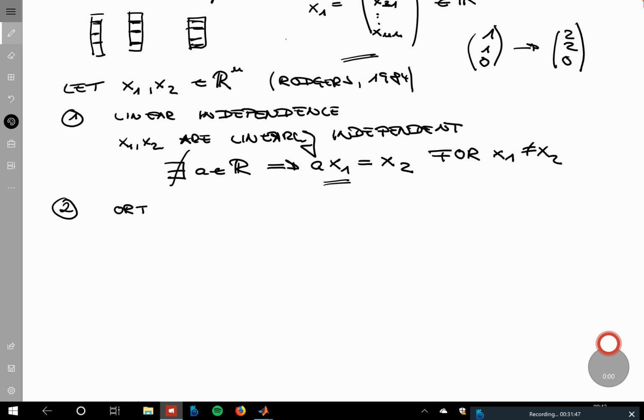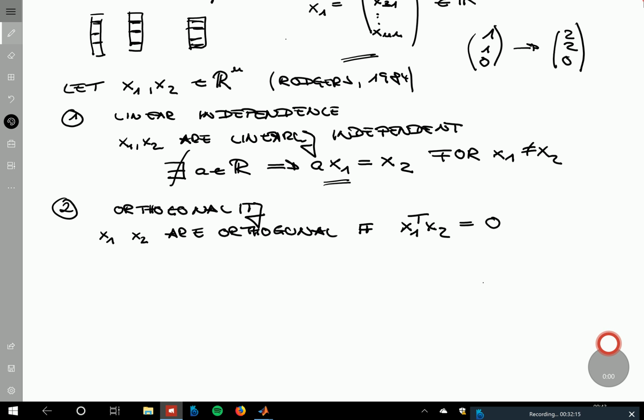Orthogonality. Two regressors, or two vectors x1 and x2, are orthogonal if the dot product, the scalar product, which we luckily talked about last time in the other course, is 0. The typical intuition for that is that the two vectors are at a 90-degree angle.